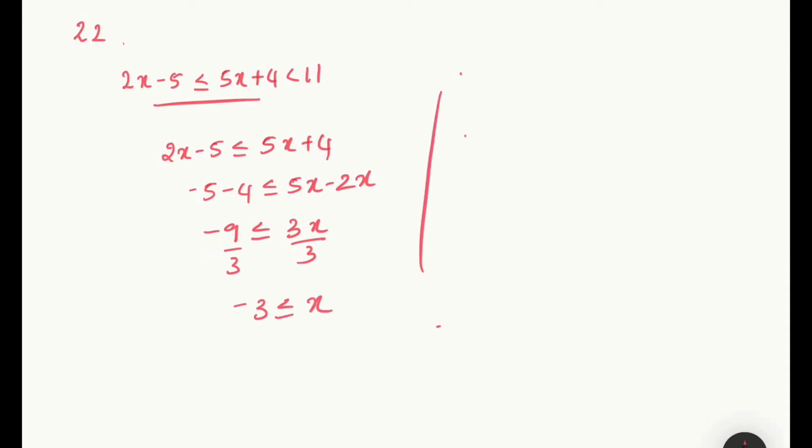Now the other part, 5x plus 4 less than 11. 5x less than 11 minus 4, which is 7. So x less than 7 by 5.